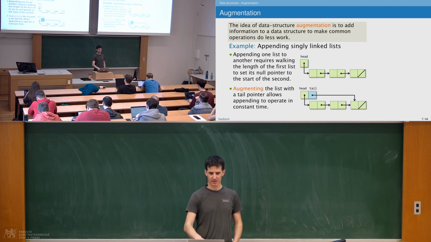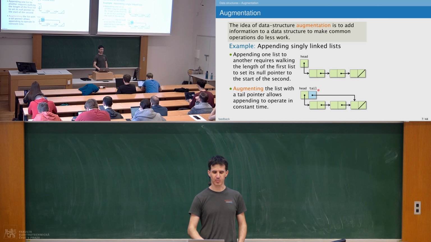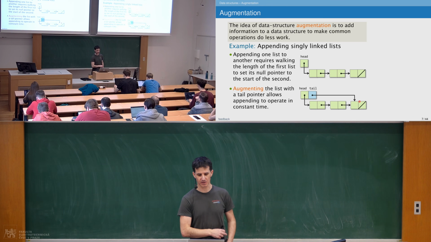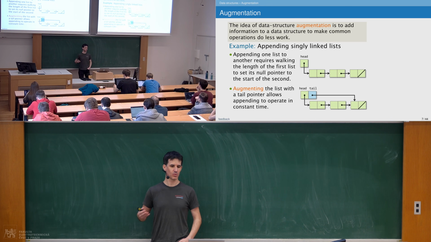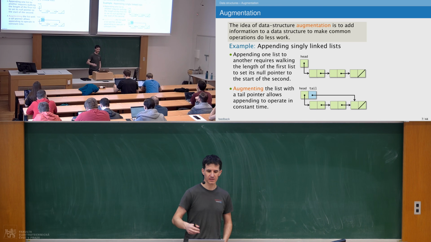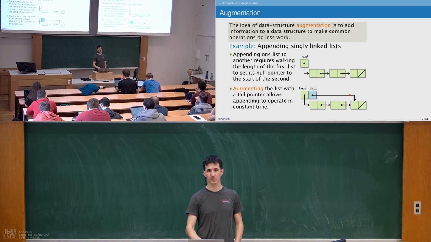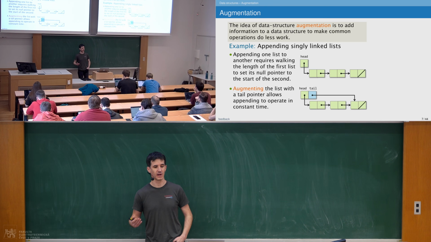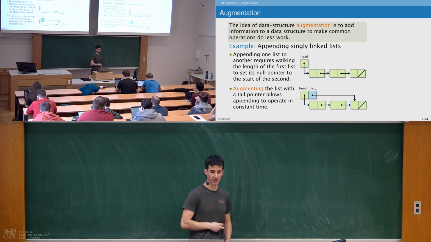So for example, in this trivial example, you can add one pointer, which will always point to the last element in the list. And now whenever you want to add something to the end, you just follow the single pointer without traversing the whole list, and the addition is typically faster.